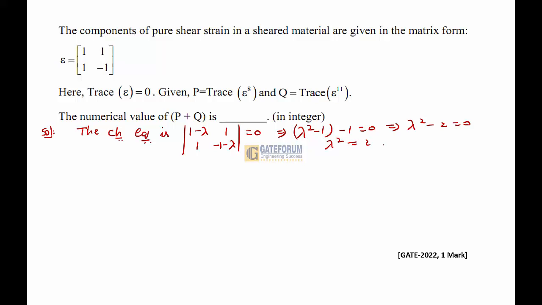Lambda square is equal to 2. Lambda is equal to minus root 2, root 2, are the eigenvalues of matrix epsilon.